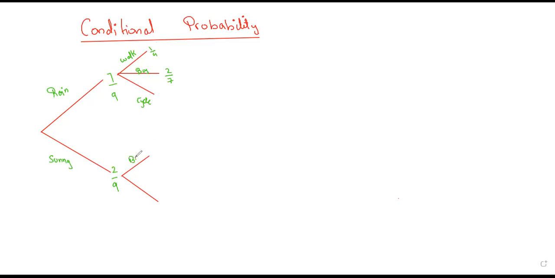Okay, so this is not the question. I just wanted to revise the previous contents. This is example number 1. Okay, so we will talk about the conditional probability question using this tree diagram. Before that, I would want you guys to calculate the probability of this part and of this part. Just complete this tree diagram, okay?